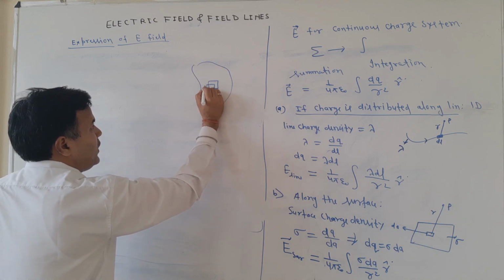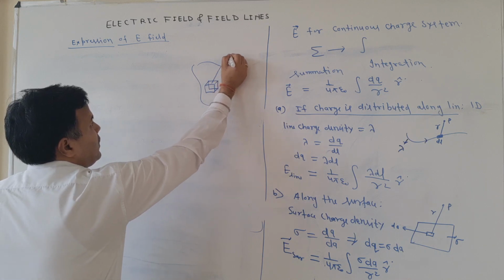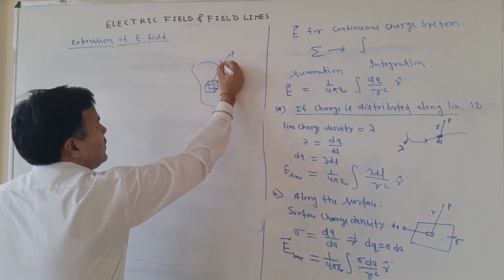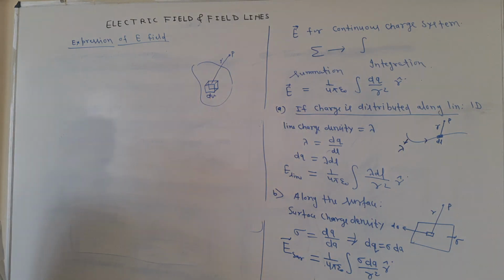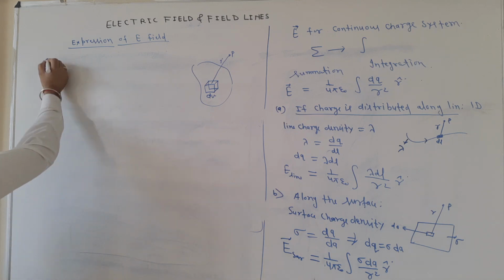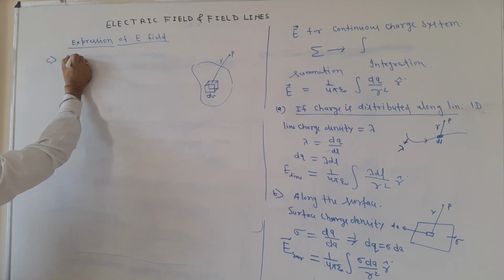Consider a small elemental volume, and we want to find out the field at any point P due to this volume element dV.